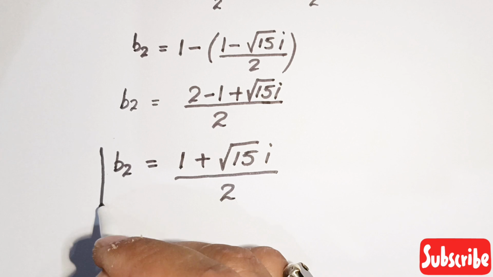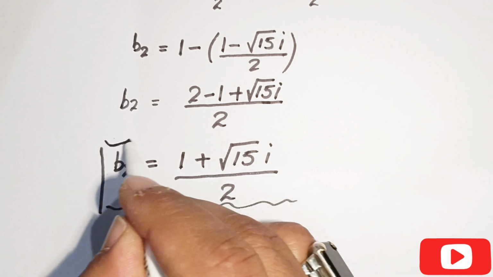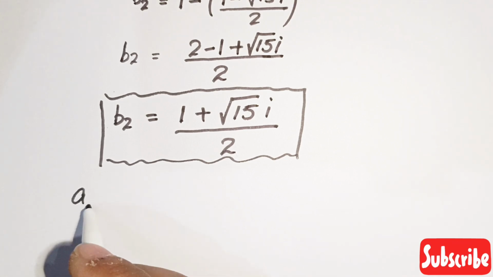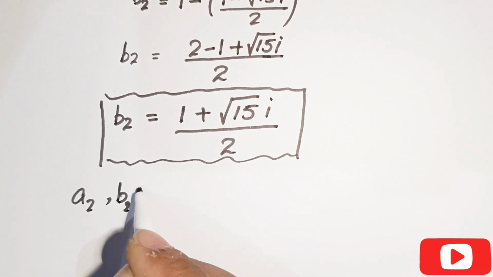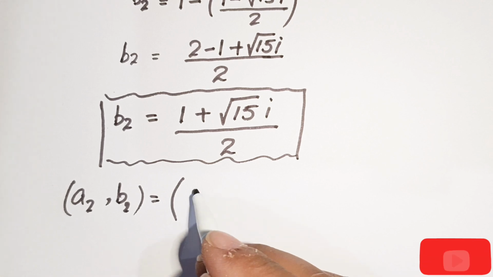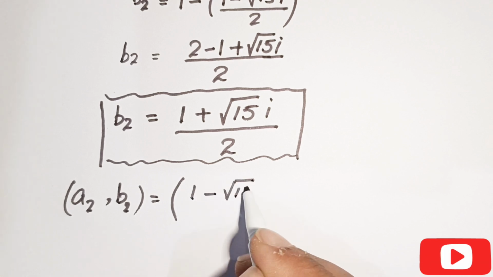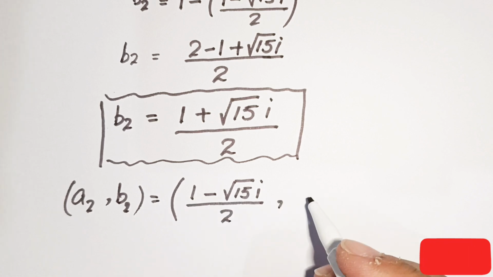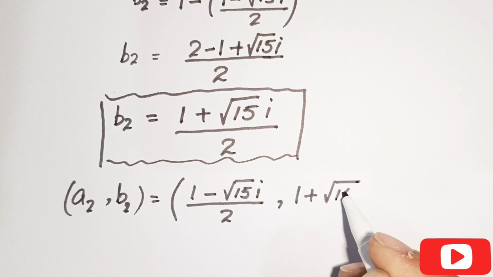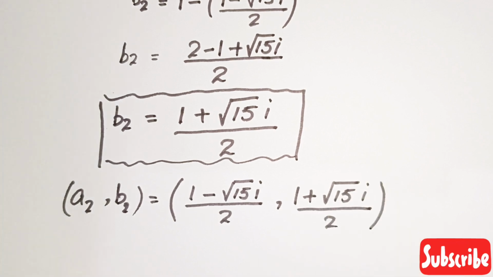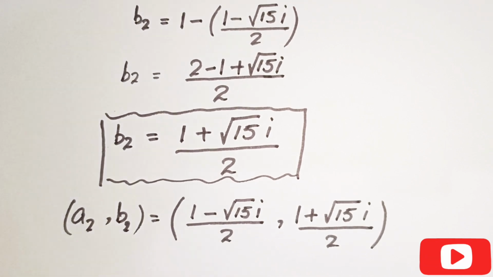Now we write the values of a2 and b2: a2 is 1 minus square root of 15 i all over 2, and b2 is 1 plus square root of 15 i all over 2. So these are our two values of a and two values of b.